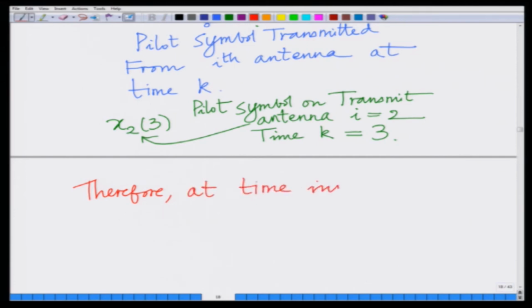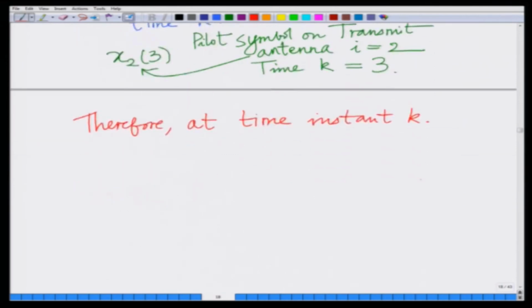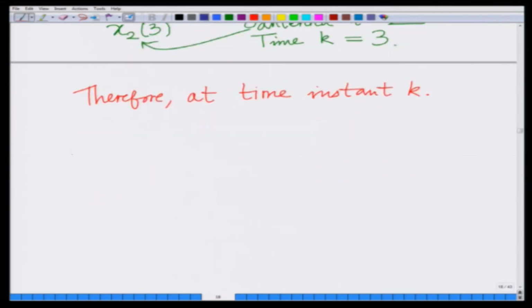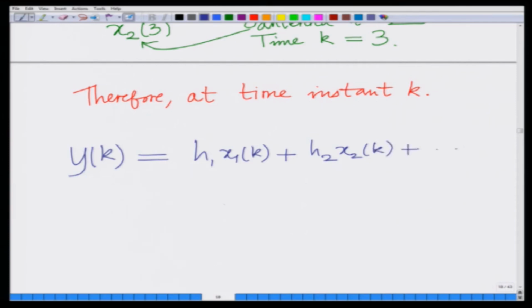Therefore, at time instant k, if we have the observed symbol yk, let me write this clearly, yk, which is the received symbol, this is equal to h1 x1 k plus h2 x2 k plus so on, plus hm xm k, plus vk.